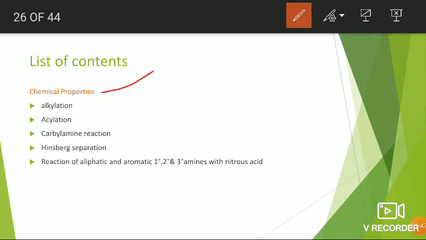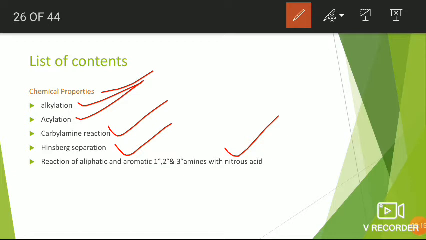In chemical properties, the chemical reactions of amines, the first one is alkylation, then acylation, the carbylamine reaction, and the next one is Hinsberg separation. And also I want to discuss the reaction of aliphatic as well as aromatic amines with nitrous acid.